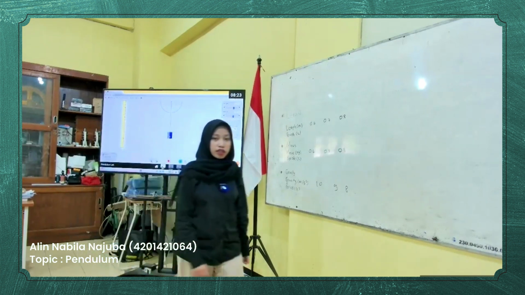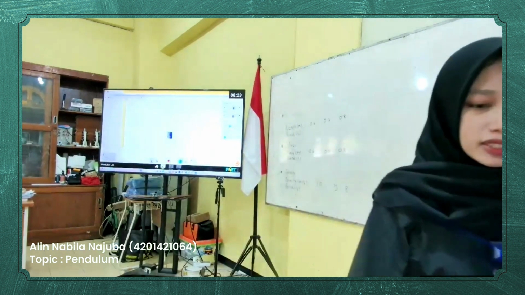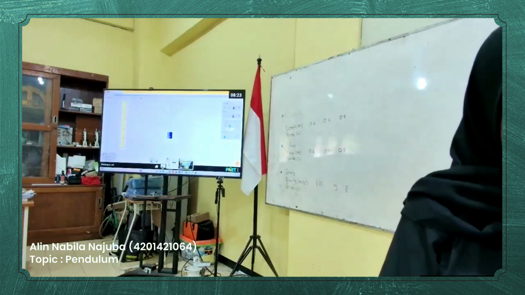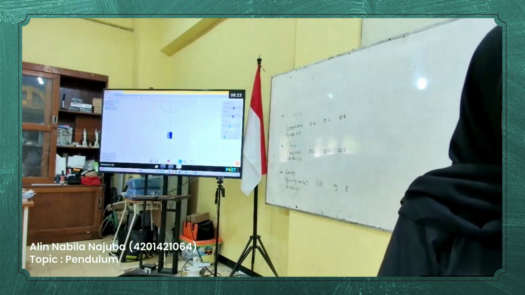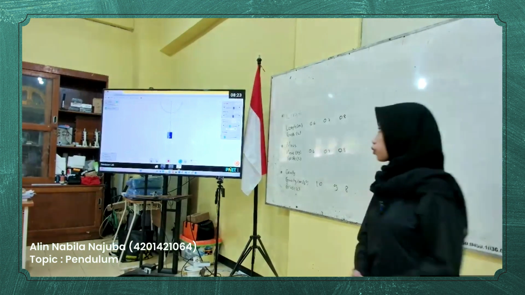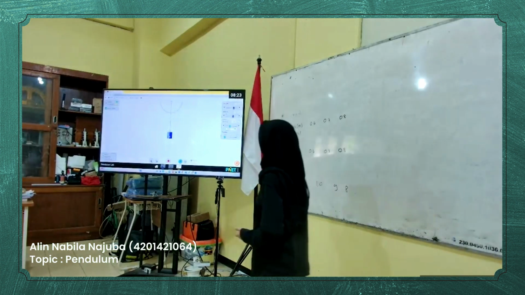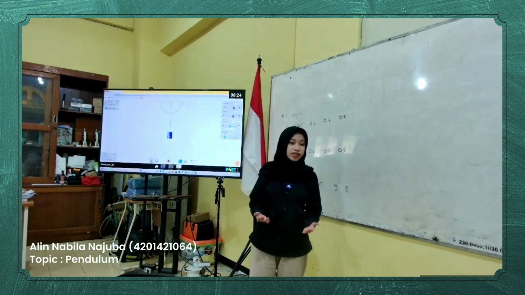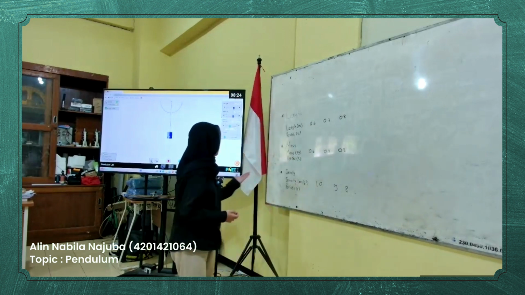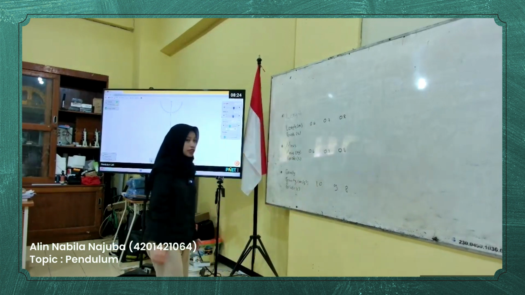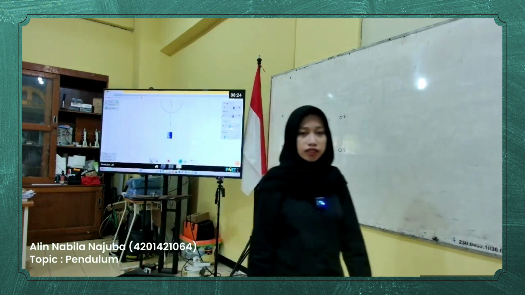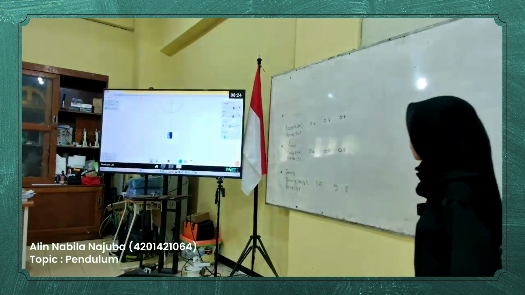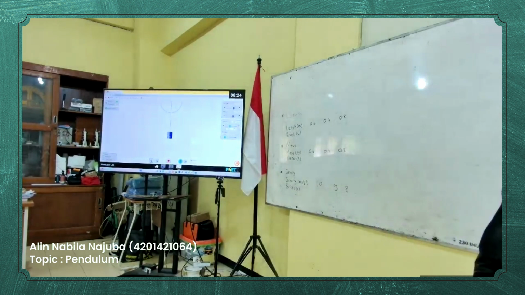And today we will do a practicum to know how the variables length, mass, and gravity can affect the motion of the pendulum. First, we can do the practicum with length.